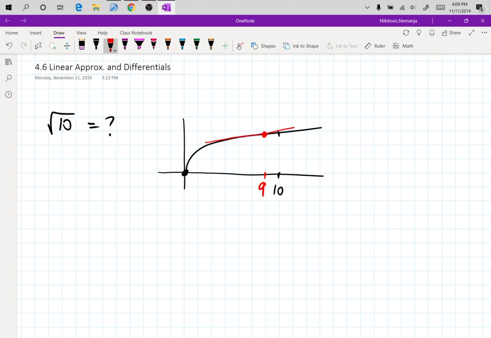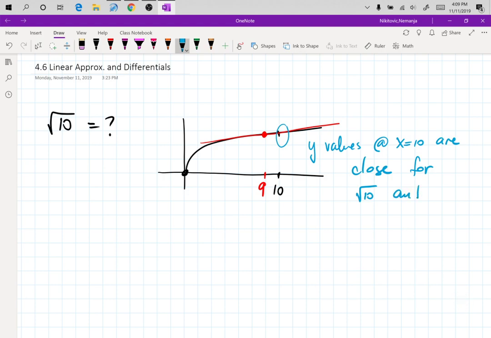And if you draw a tangent line going through 9, you will notice that the y values at x equals 10 are close for square root of 10 and L of 10, and this is the tangent line.